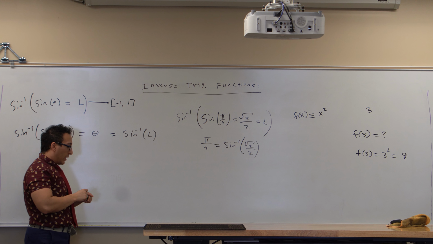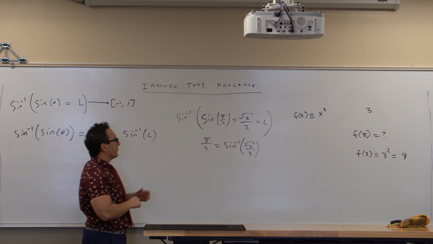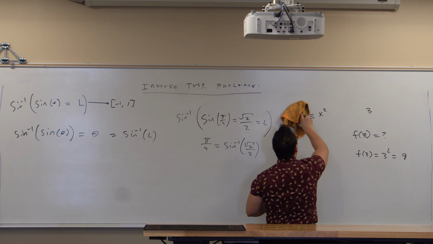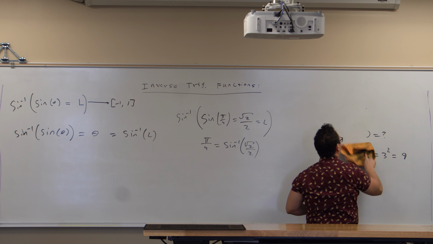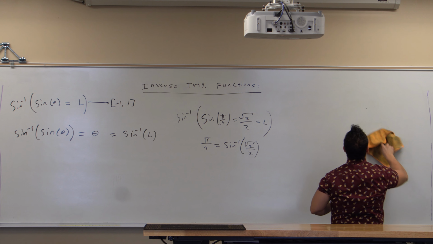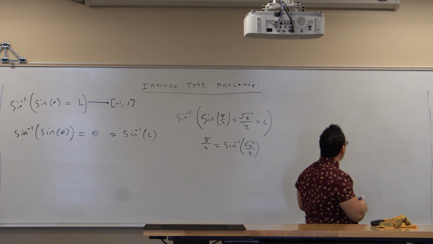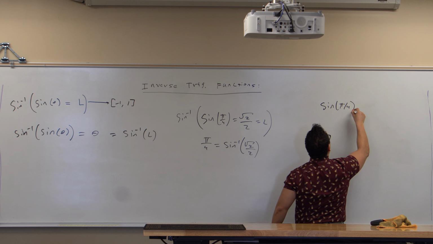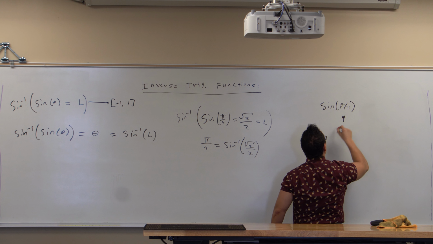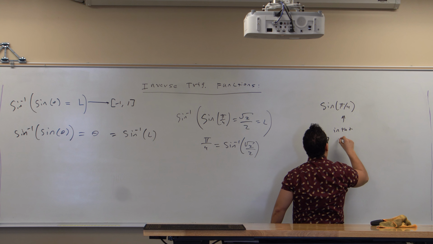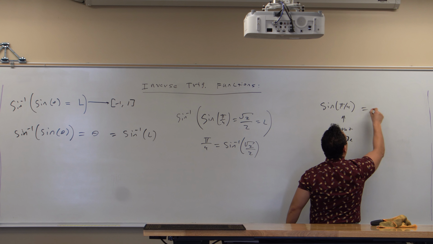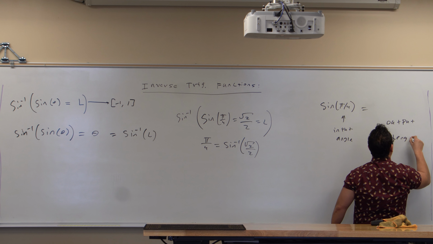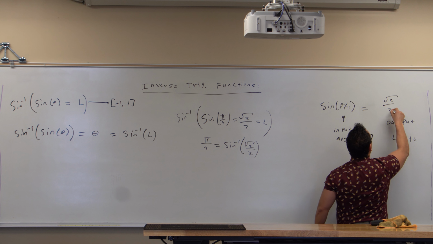Aha! So when we say the sine of pi over 4, we input an angle, and it outputs a length, root 2 over 2.